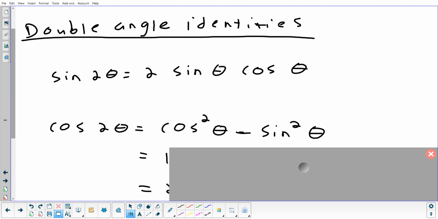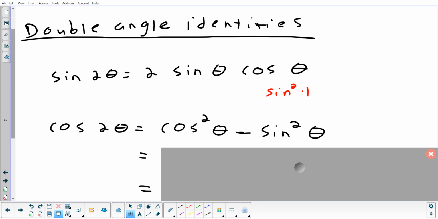Now there's 2 other versions of that, and they're all based off of a Pythagorean identity substitution. What's the Pythagorean identity that looks kind of like this, but it's a little different? Is it cosine squared plus sine squared is equal to 1?